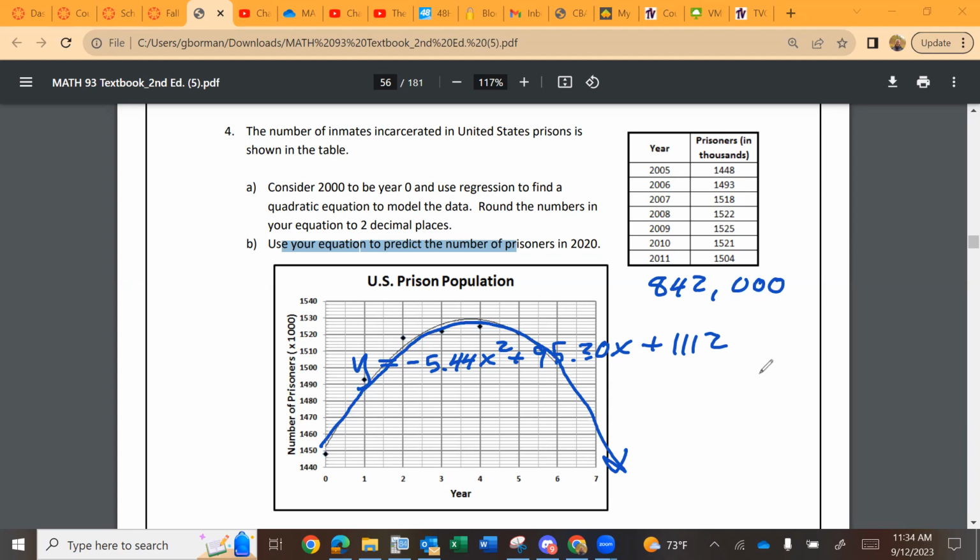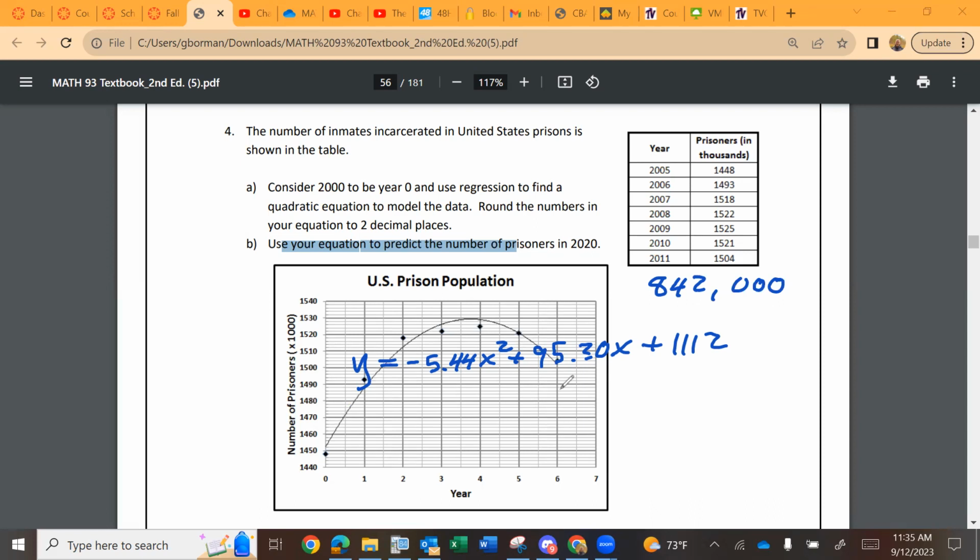In fact, I don't even know how you'd have negative numbers of prisoners. So this model works great for this data here. Okay. But once you go very far beyond that data, like probably the year 2015 is about as far as you can go, I would guess, then this equation is going to break down, and it's no longer going to be accurate.